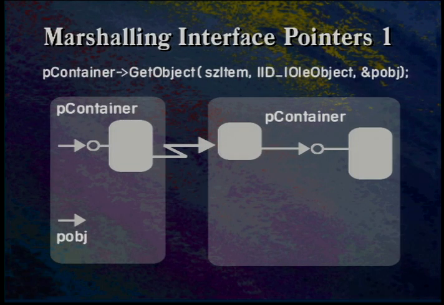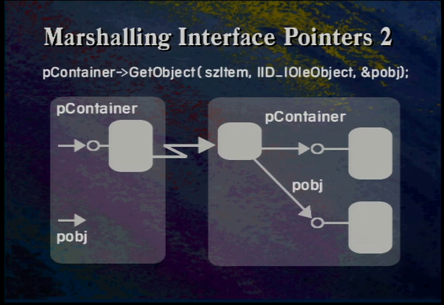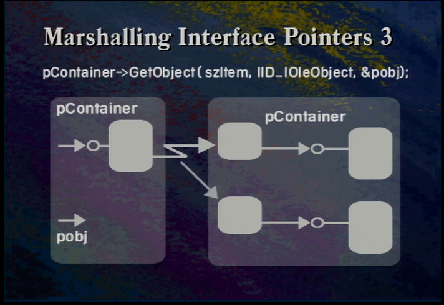Our marshalling system treats interface pointers or object references as fully supported data types in the system. They can be transported around, passed as parameters of method calls between one process and another or between one machine and another. What happens when one of these pointers is passed as a parameter is that the sending side establishes the stub object and transmits the address of that on the wire to the other side.